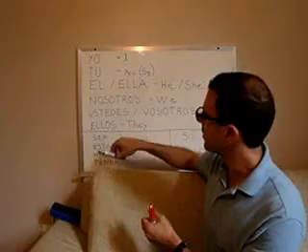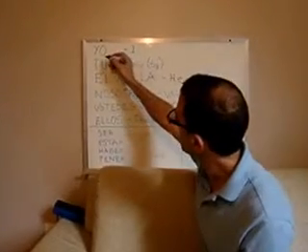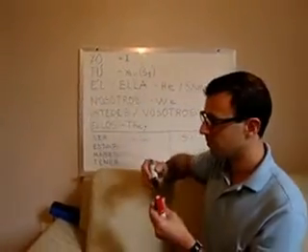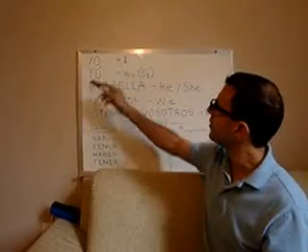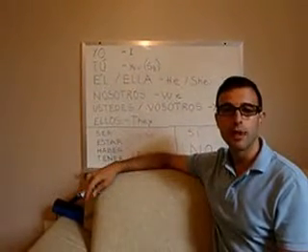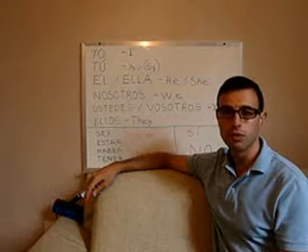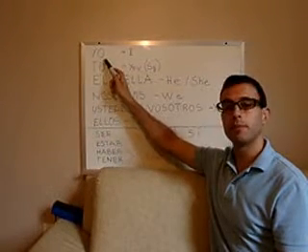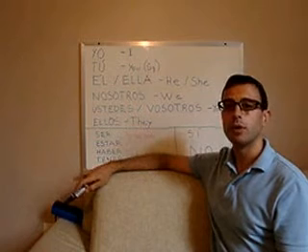Let me correct something here. Tú has a tilde. This is a Spanish tilde. Later on, I will teach you the rules when we do need to use a tilde for a vowel and when not.